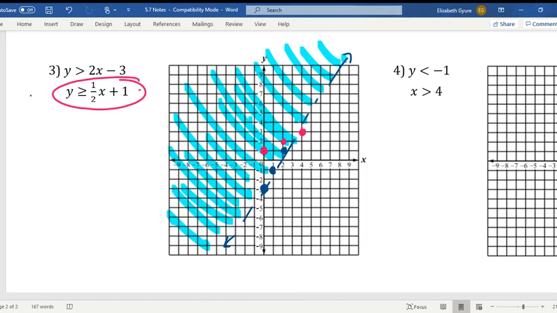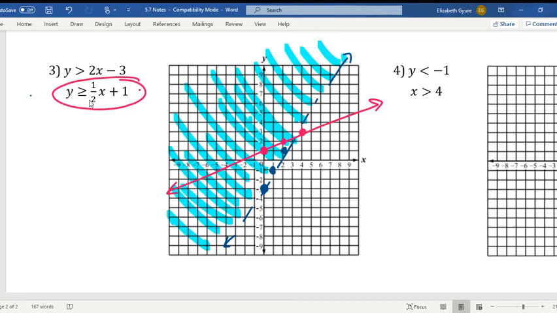Jesse, do you think I need a solid or a dotted line here? Solid, good. Oh, guys, that's a good line that I just drew. Look at that. All right, got my solid line. So now I need to decide if I need to shade above or below.